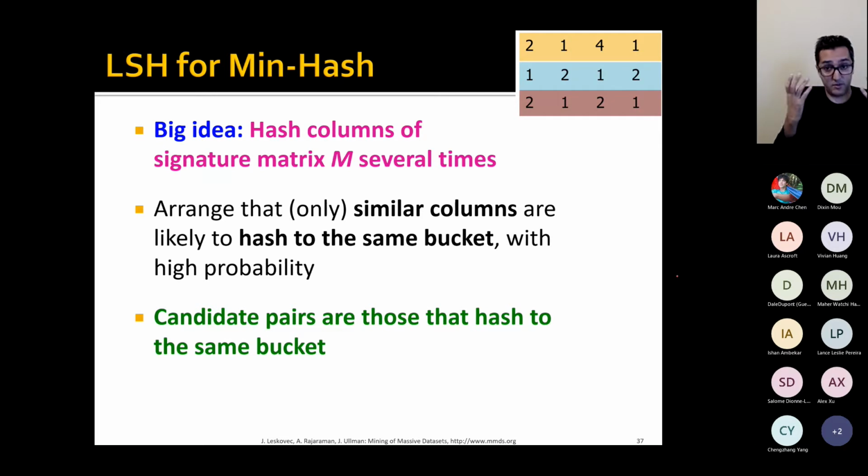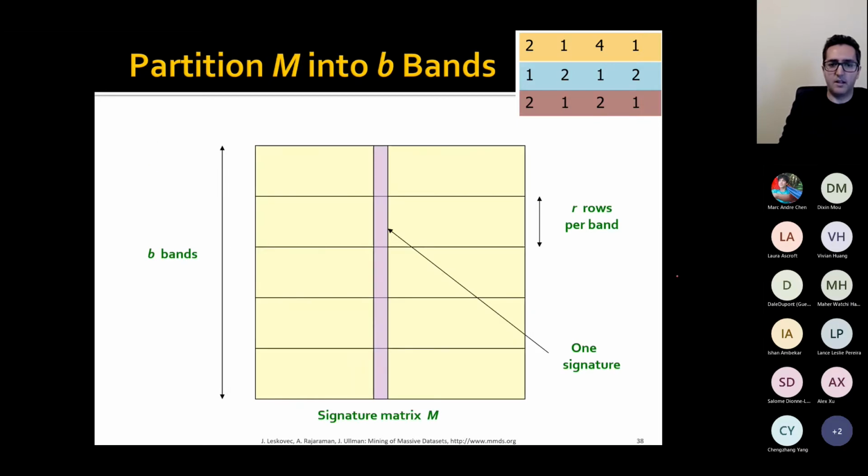Hash functions are random, but for a given input, they always produce the same output. So if you give them X a million times, they produce the same output a million times. So if two columns are the same, they should be hashed to the same bucket. That's the idea, but I will explain how it works exactly.